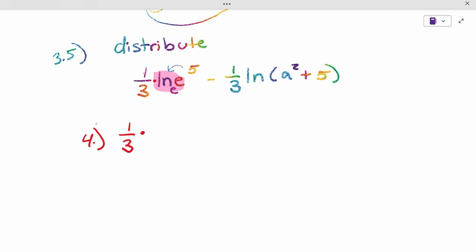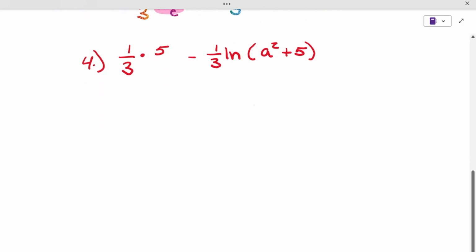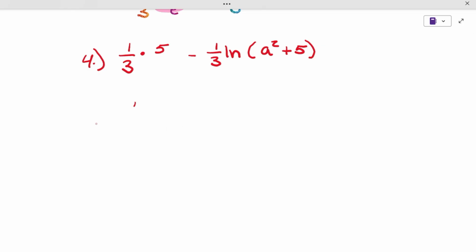We bring down that 5, minus 1/3 ln of a squared plus 5. And all we do now is multiply 5 times 1/3. 5 times 1 is 5 over 3, minus 1/3 ln of a squared plus 5.